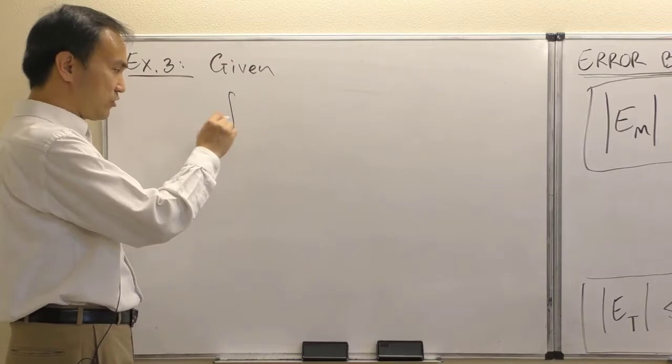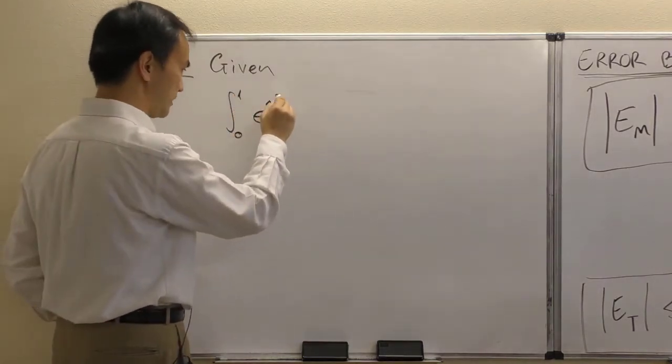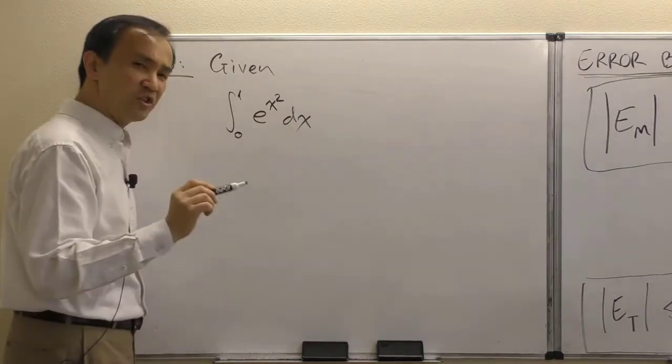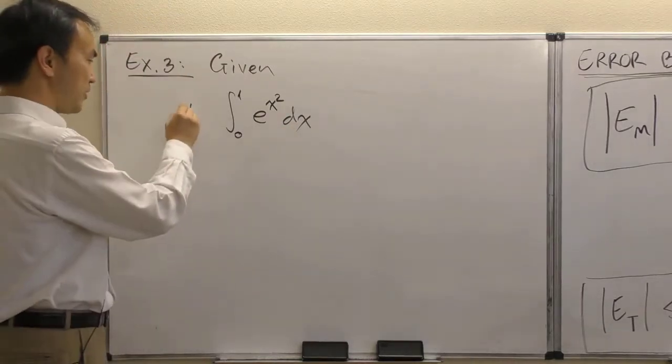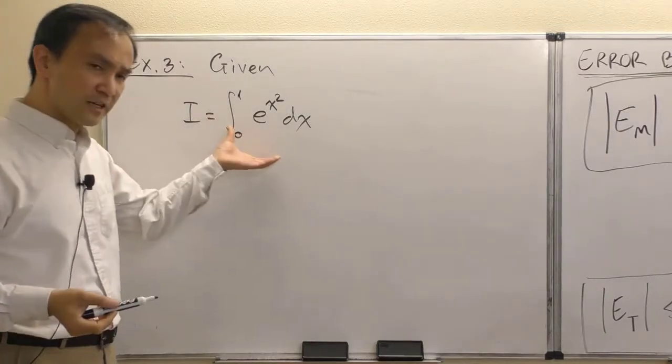You only know that this integral will have an exact final answer, but we just don't know what that is. So that final answer is called I, the answer to this definite integral.